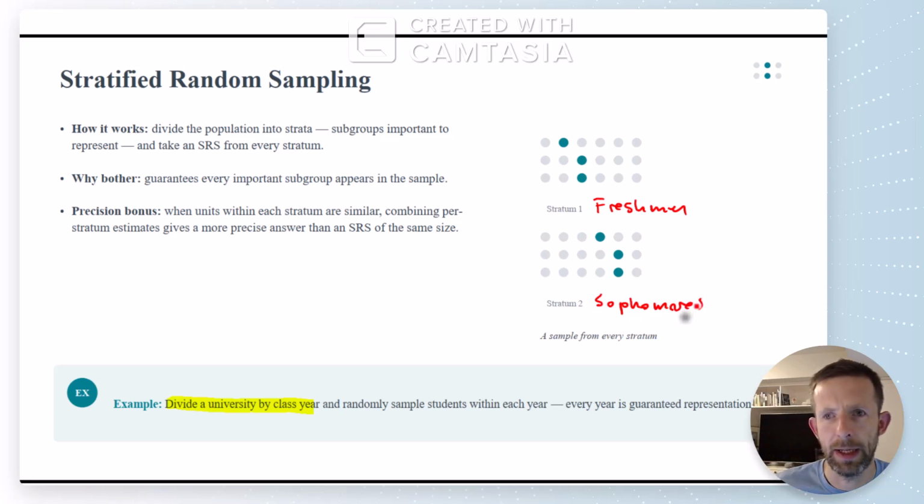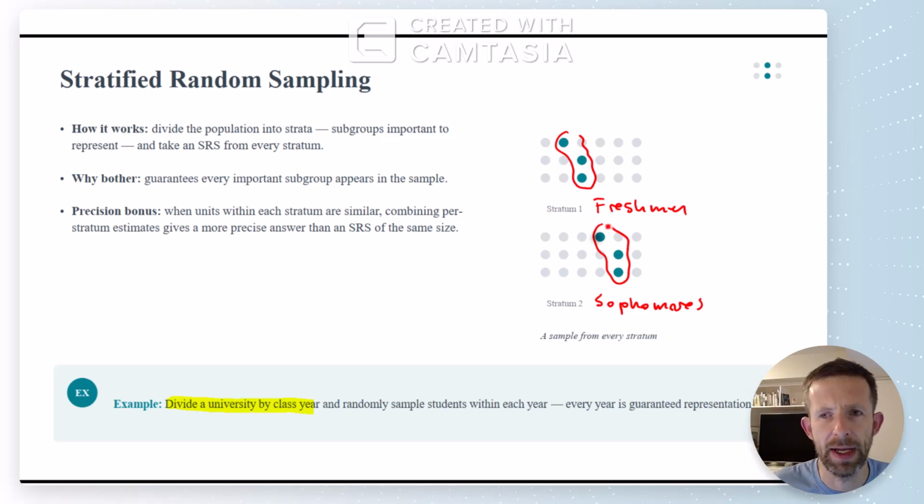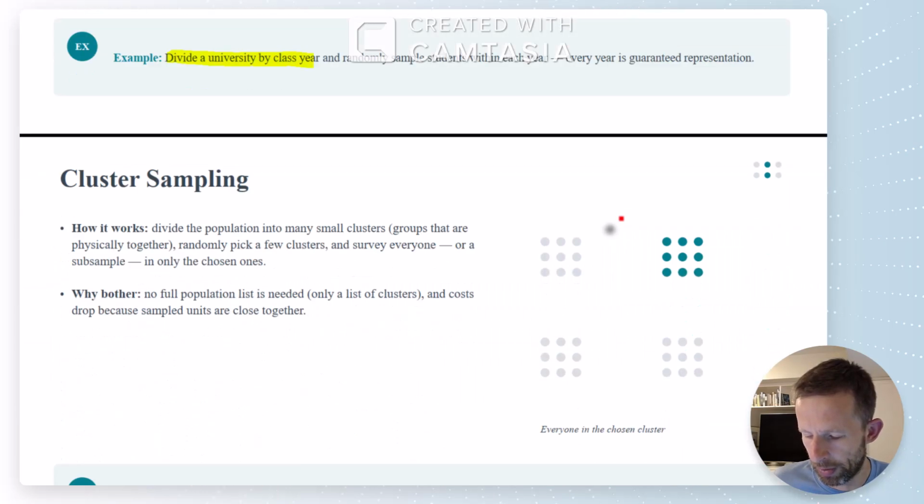And then I take a random sample of some freshmen, some sophomores. The upside is that each different stratum would be represented. If I just took a simple random sample of university students, I might have way too many seniors and not enough freshmen. By stratifying and sampling from within each stratum, it guarantees that I have either equal or proportional representation, depending on what I'm looking for.